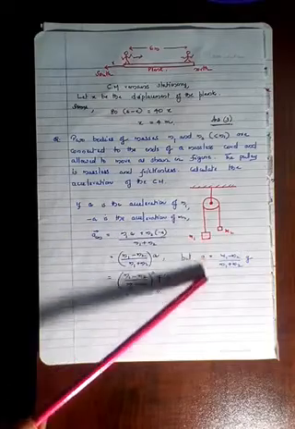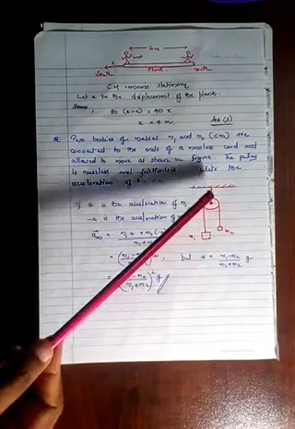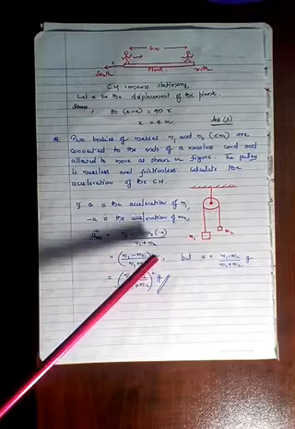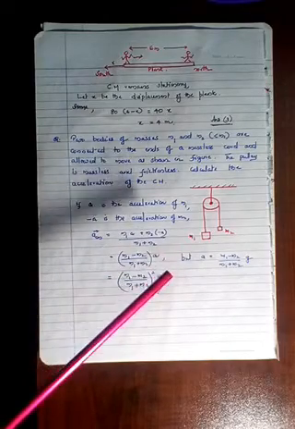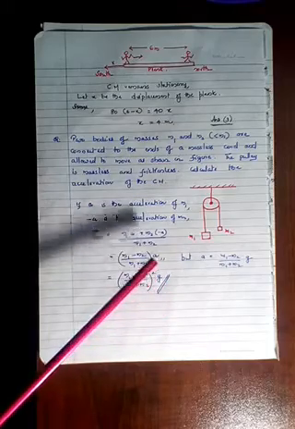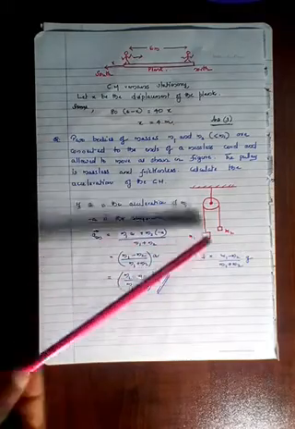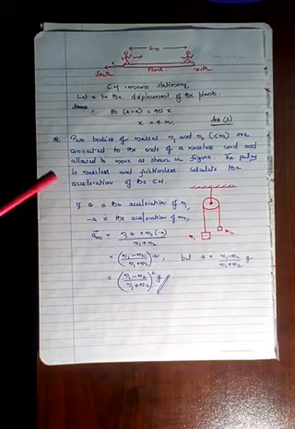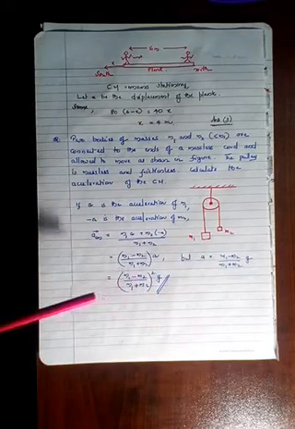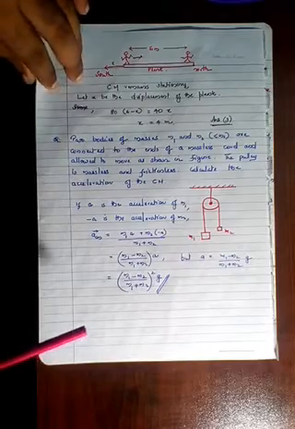If m1 has plus a, then m2 should be minus a. So the acceleration of the center of mass is m1 a1 plus m2 a2 by m1 plus m2. But what is a? You know, for a pulley system it is (m1 minus m2) by (m1 plus m2) into g. So that is the answer, a good concept.